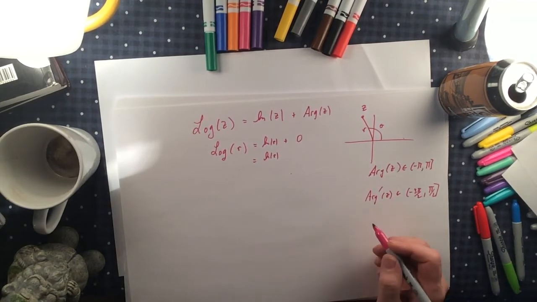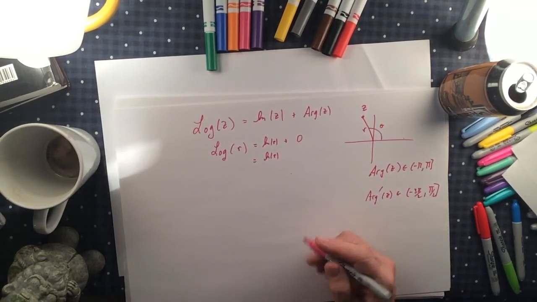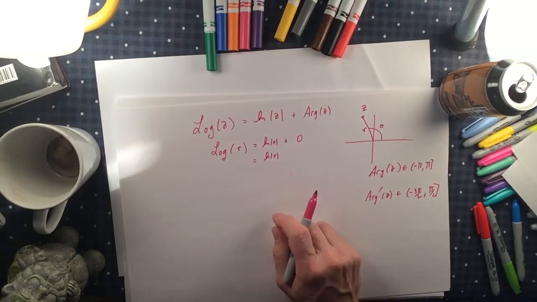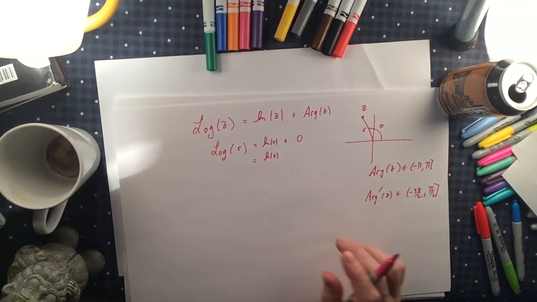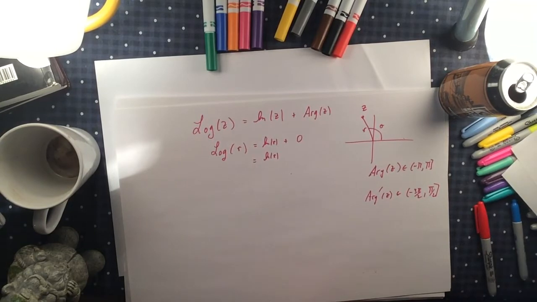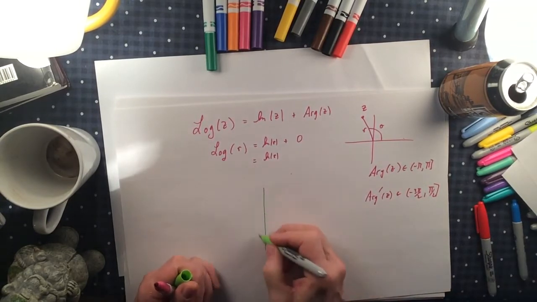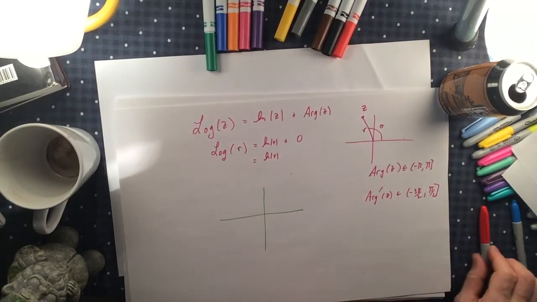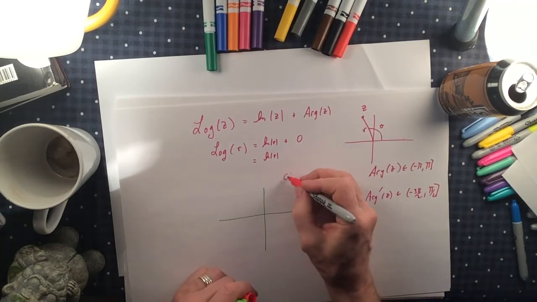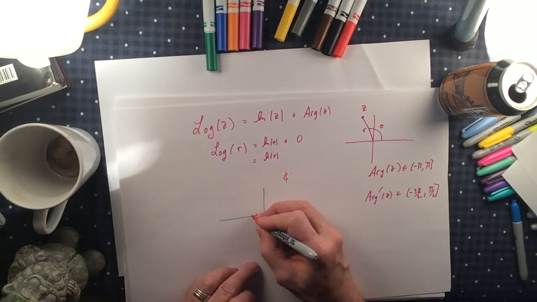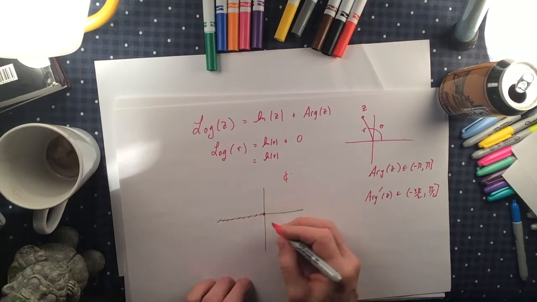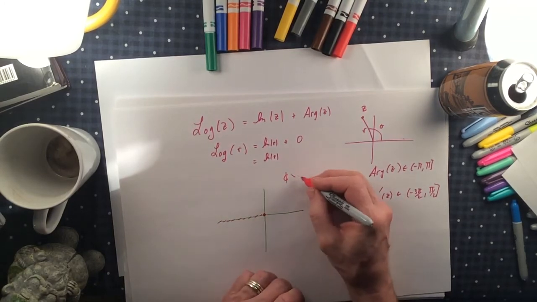We don't like negative r's to be put in here. They would be allowed by this formula, but it presents a problem. So for the time being, and we'll explain why in a little bit, we're going to take the complex plane and we're going to eliminate the negative real line and 0.